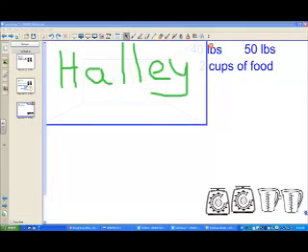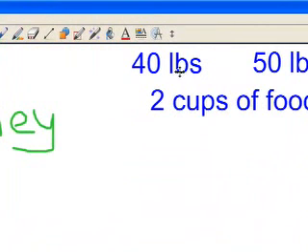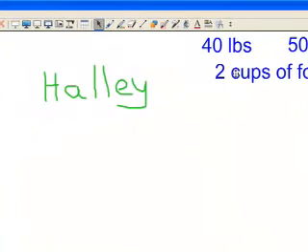Now let's look at Haley's problem. Haley's dog food says to feed 2 cups of food for every 40 pounds. Haley weighs 50 pounds. So here's my 3 pieces of information.